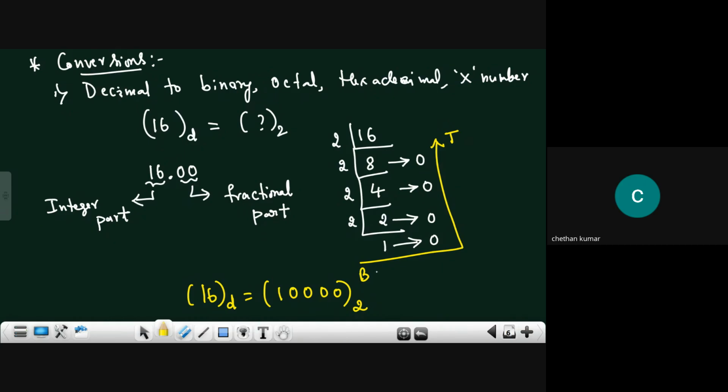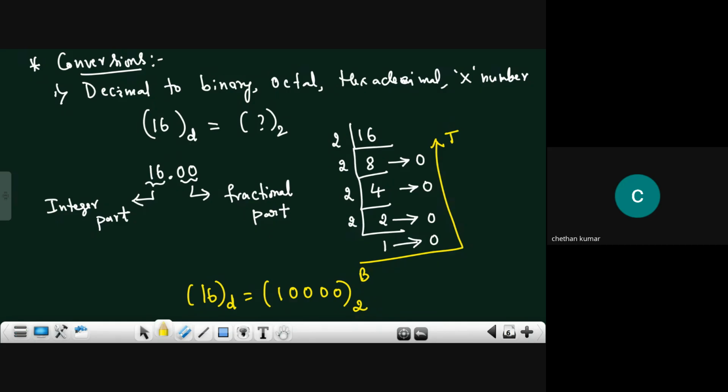Now take all the remainders from bottom to the top when it is the integer part. If it is a fractional part, successively multiply by 2, and take the results from top to bottom.